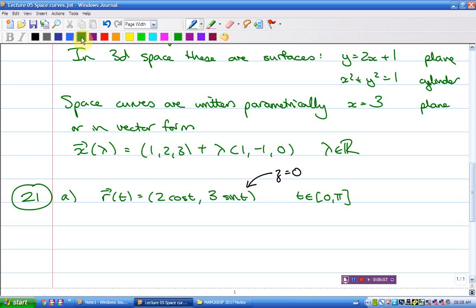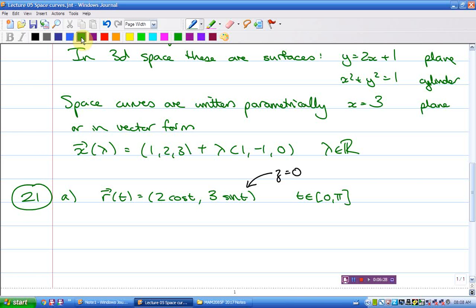Okay? So whenever you've got a parametric expression and you want to turn it into a Cartesian expression, what you're looking for is relationships between the coordinates, or the component functions. It's not so much what those component functions are. What's important is the relationship between them.